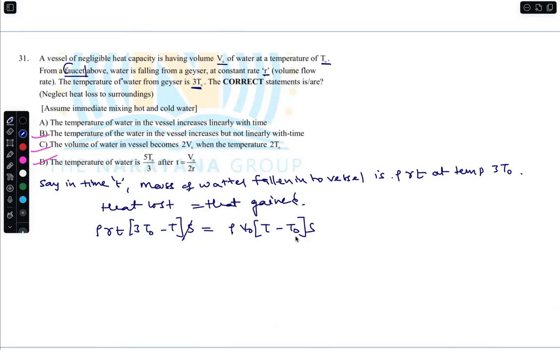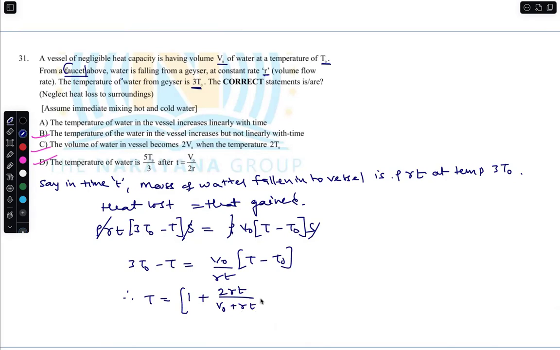Cancel S, cancel rho. So finally, 3T naught minus T is V naught by Rt times T minus T naught. Therefore, T is equal to 1 plus 2Rt by V naught plus Rt, times T naught.